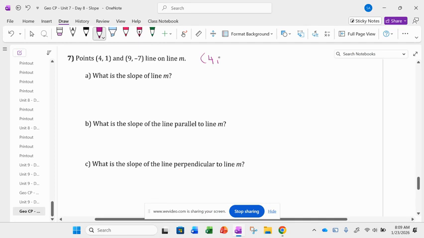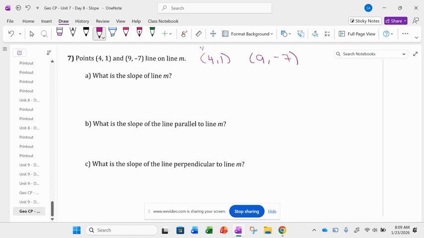So we're going to have (4, 1), (9, -7). This is x1, y1, x2, y2. And so the slope is going to be y2 minus y1 over x2 minus x1.